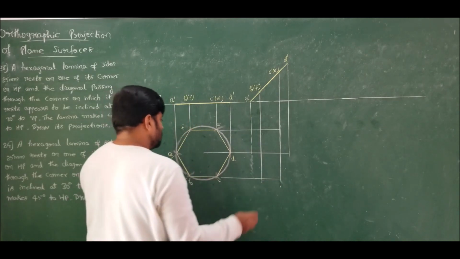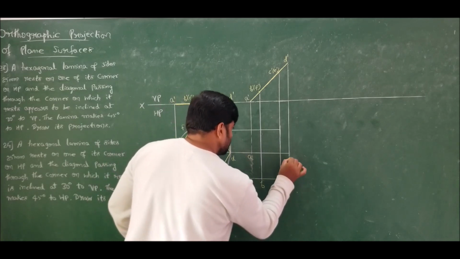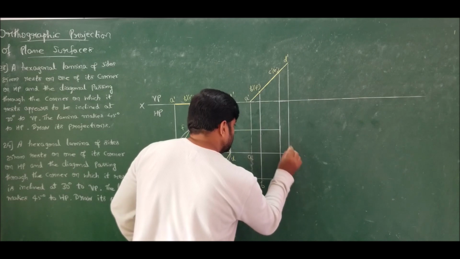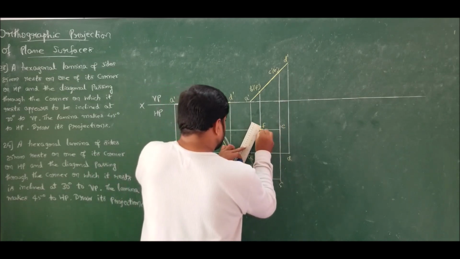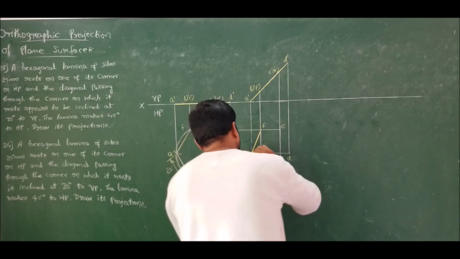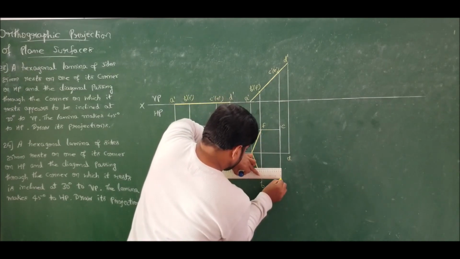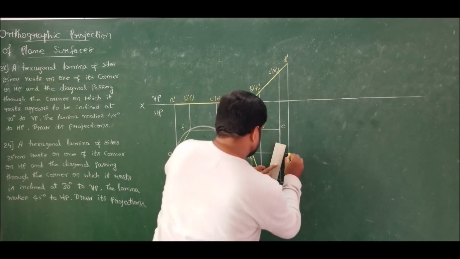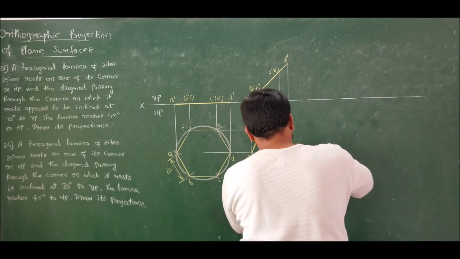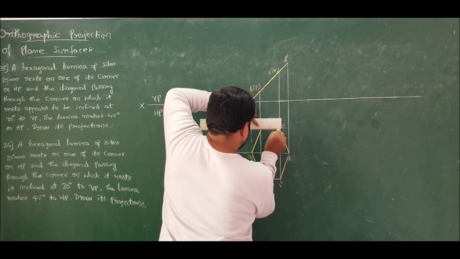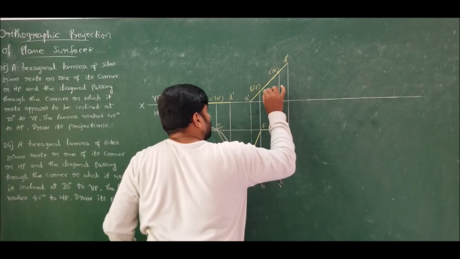Thereby I get the corners A, B, C, D, E, F. Now join these corners. You have A to B, B to C, C to D, D to E, and finally E to F. This angle is specified as 45 degrees.